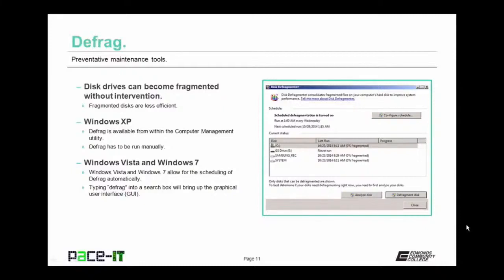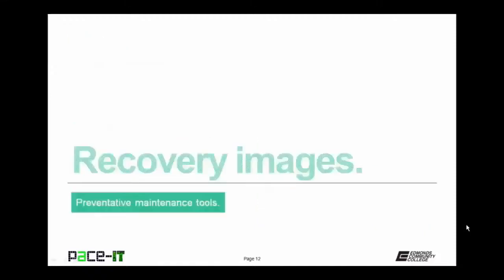In Windows XP, defrag is available from within computer management, and it has to be run manually. Starting with Windows Vista and on to Windows 7, defrag can be scheduled to run automatically. Typing defrag into a search box will bring up the GUI, the graphical user interface, so that you can schedule the defragmentation process on a regular basis.